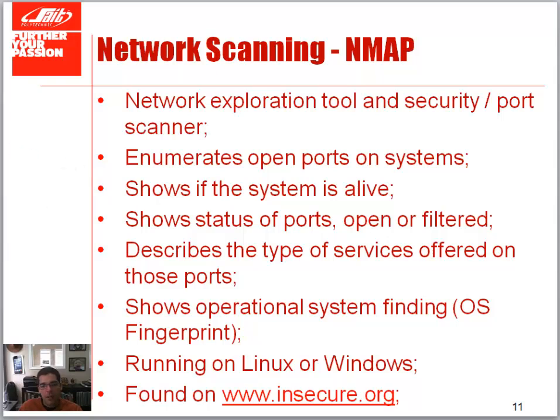With Nmap, we can enumerate open ports, meaning knowing the services behind them. It shows if the system is alive, shows the status of the port, whether it's open, filtered, or closed, and describes the type of services offered on those ports. It shows OS information, and you can run Nmap on Linux or Unix-based systems, as well as Windows.